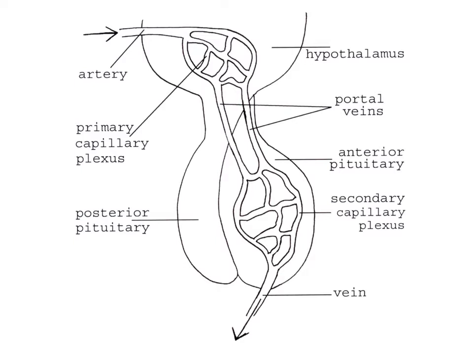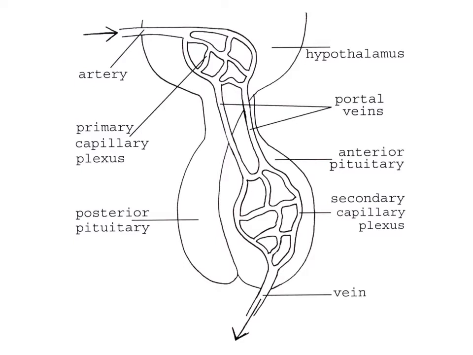So the hypothalamus regulates anterior pituitary function by producing a range of neurohormones which regulate the release of the trophic hormones. And remember, it's the trophic hormones produced by the anterior lobe of the pituitary gland which regulate the activity of all the individual endocrine glands.